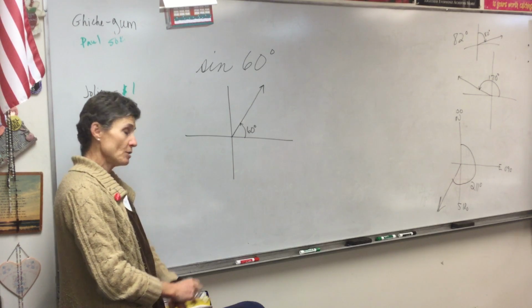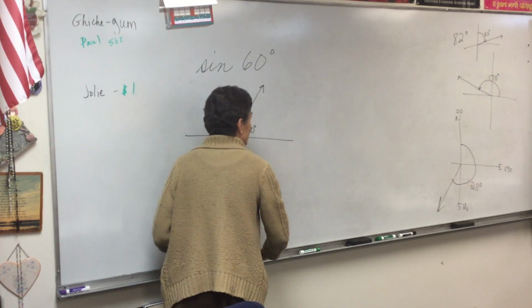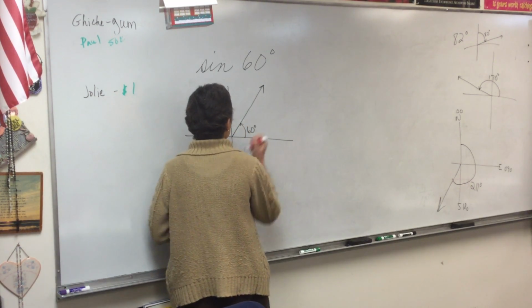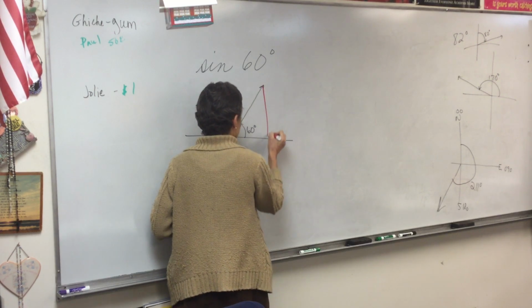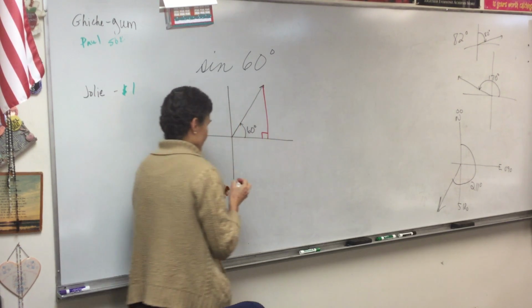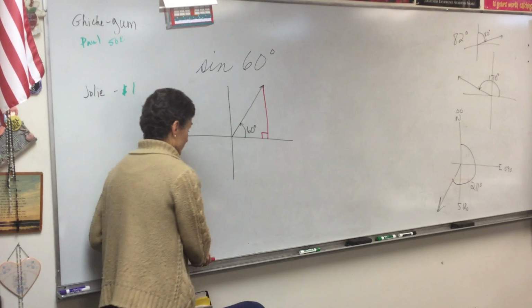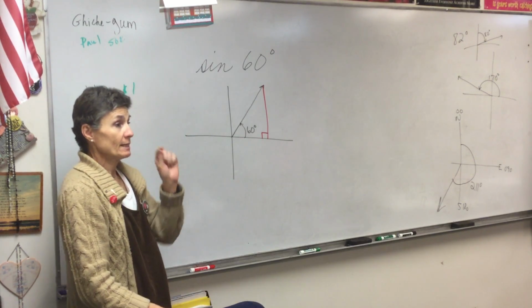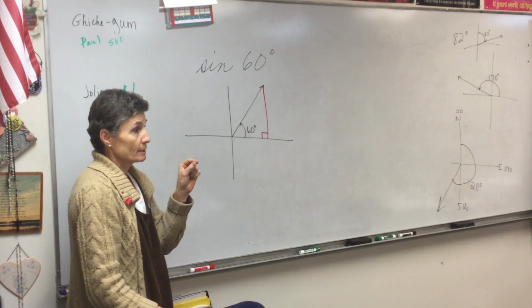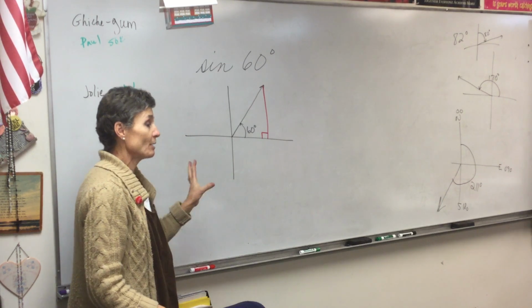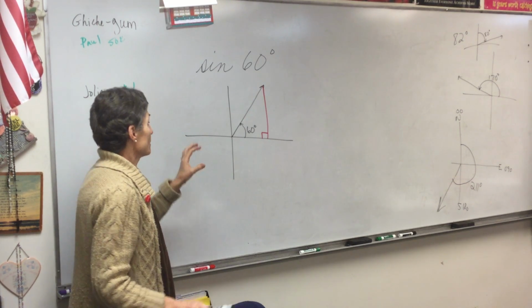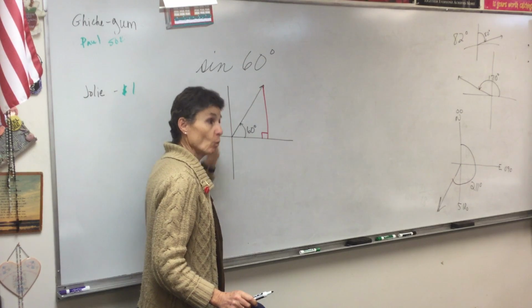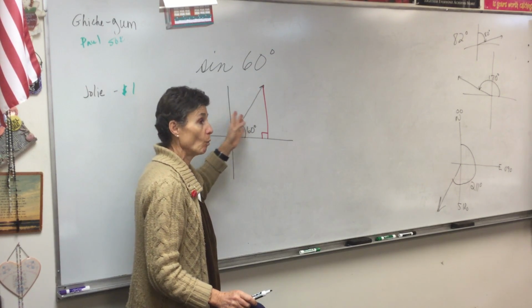Now, once you get your angle drawn, I want you to drop a perpendicular to the x-axis. No matter which quadrant you're in, because obviously we can have angles in different quadrants, right? They're not all going to be in quadrant 1.